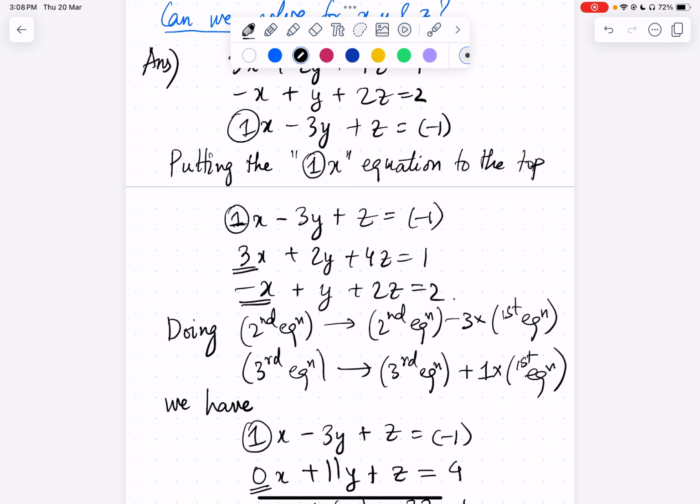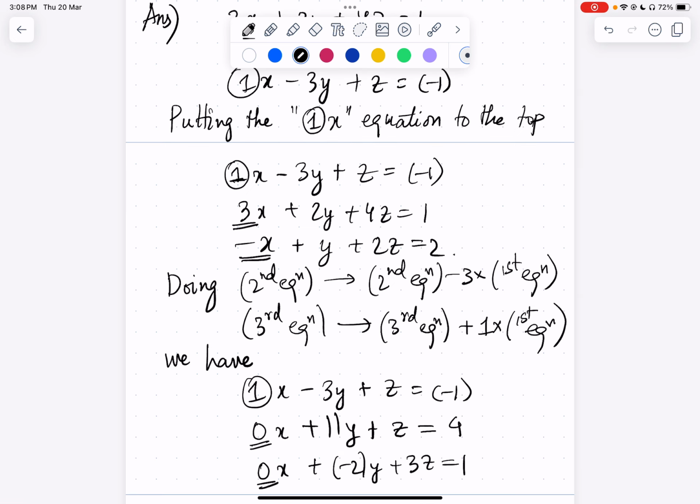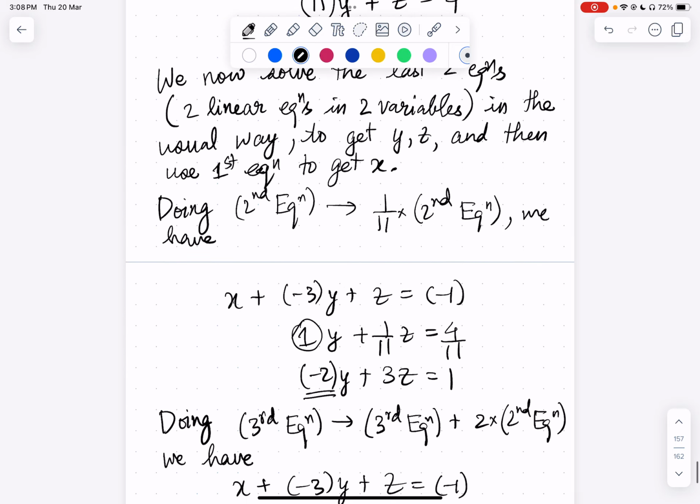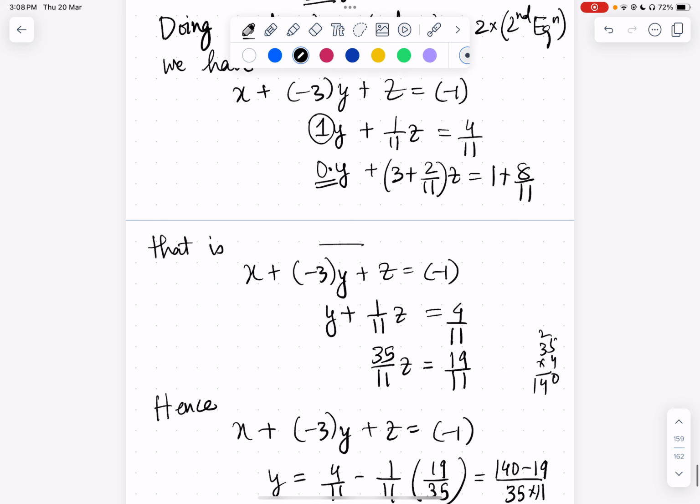Then we create a 1y equation and use the 1y term to eliminate the y term from the rest of the equations, and so on. So we get a system like this. This is called a triangular system in general, and with this we can just find out the x, y and z immediately.